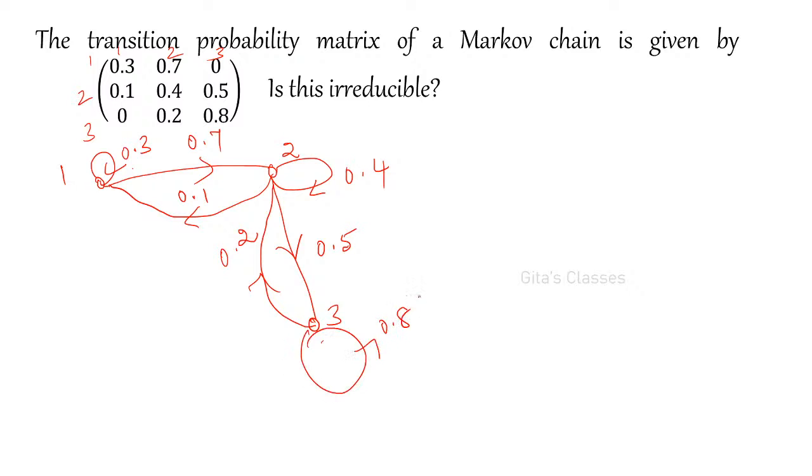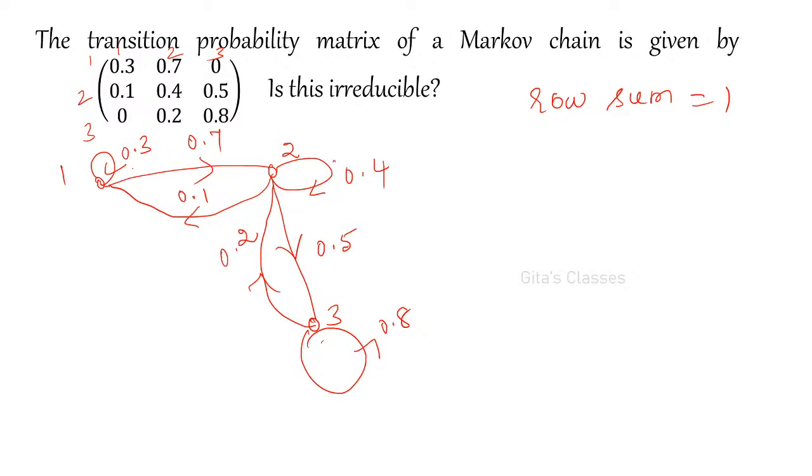Regular conditions only. It is not regular, and it is not asked for regular. The diagonal element need not be 1. The row sum should be 1. If you add each row, it should be 1. Then only it is called a transition probability matrix. From 1 you can either stay at state 1 or go to 2.